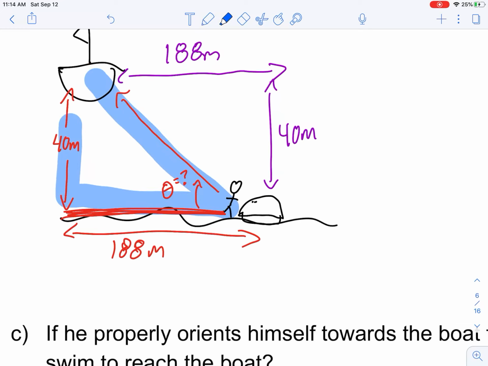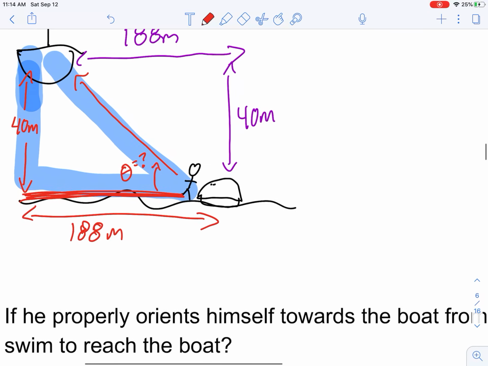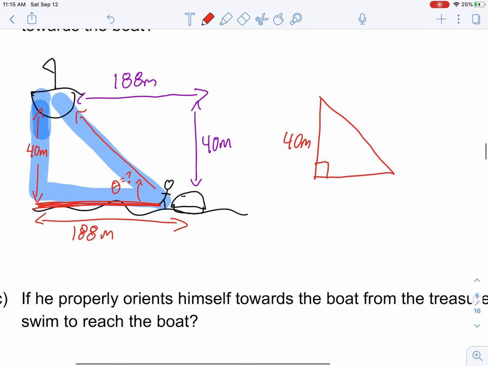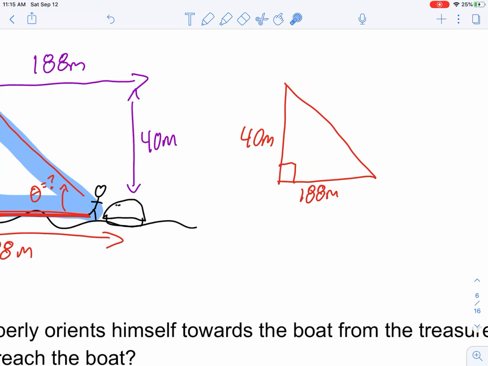Again, I'm going to highlight the triangle. Okay, and let's draw that triangle in a very much more simple form. So here we go. Remember, this is straight across horizontally. This is perfectly vertical, so that means this is 90 degrees. This is 40 meters, right? 40 meters. This is 188 meters. And we are trying to solve for this angle here.